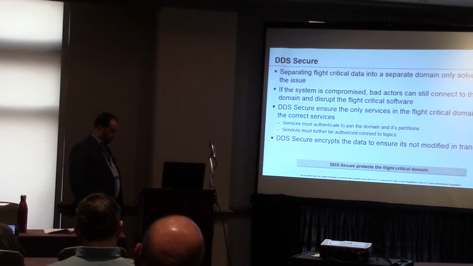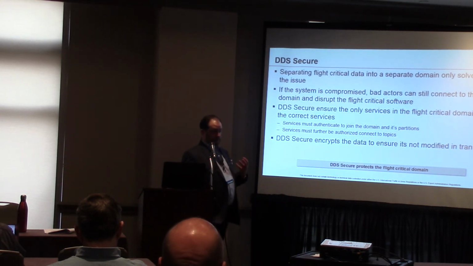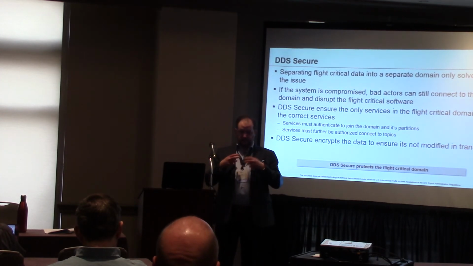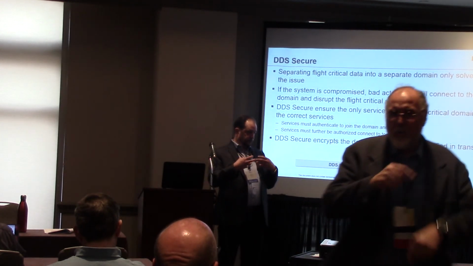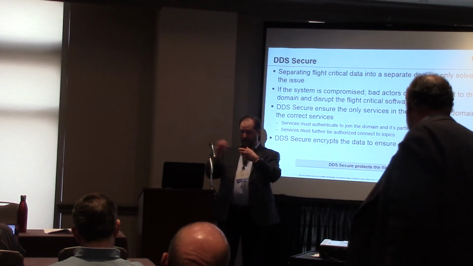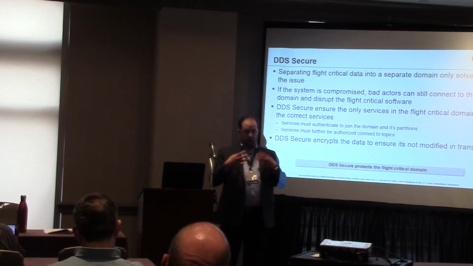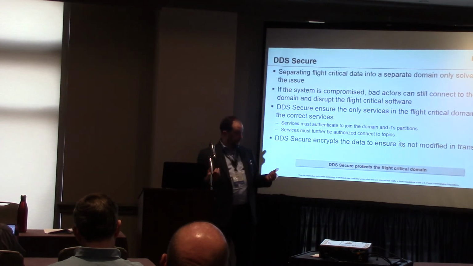The other thing that we're concerned about is that when you start up a system with DDS Secure, every service has to go get its keys. And then when you do discovery and all the services are talking to each other to identify whether they should be talking to each other, now all of a sudden they're trading those keys so that they can actually communicate to each other.